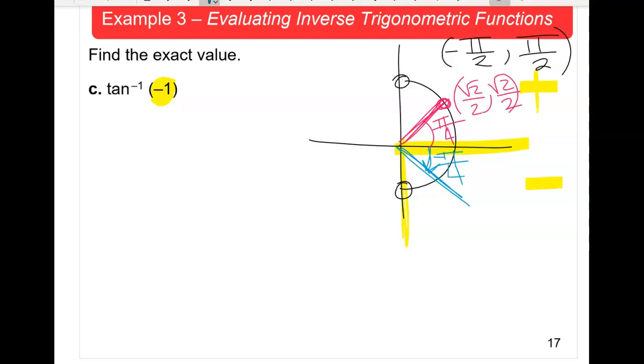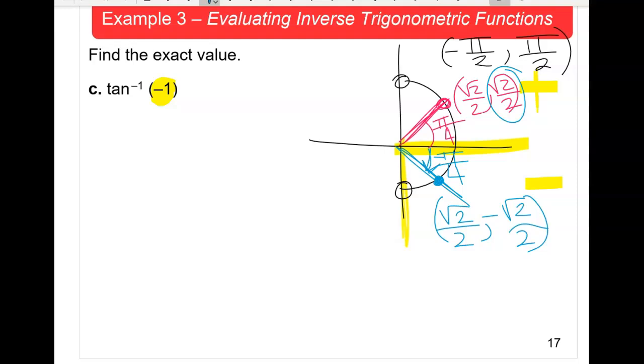So at this point on the terminal side that is intersecting the unit circle, the coordinates are positive square root of 2 over 2 and negative square root of 2 over 2 because the x remains the same while the y value goes from positive to negative.